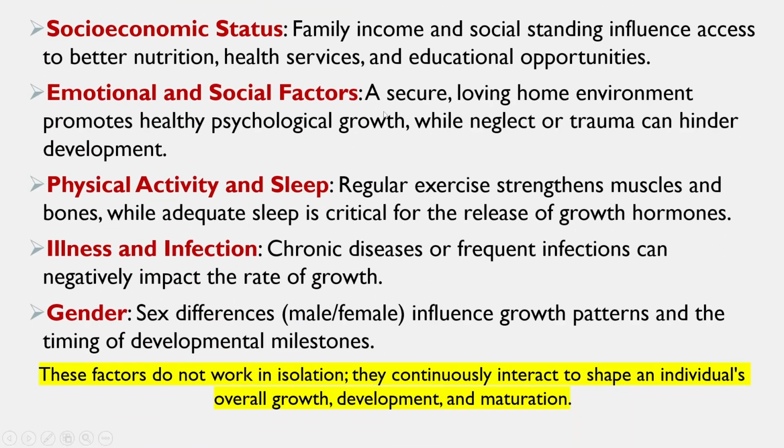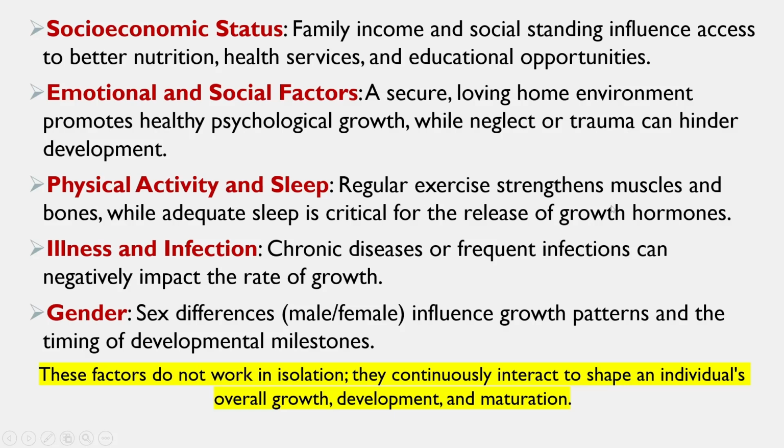Now, next is socioeconomic status. That is family income and social standing influence access to better nutrition, health services, and educational opportunities and other resources. So it influences growth and development of a child. Emotional and social factors. A secure, loving home environment promotes healthy psychological growth, while neglect or trauma can hinder development. And physical activity and sleep.